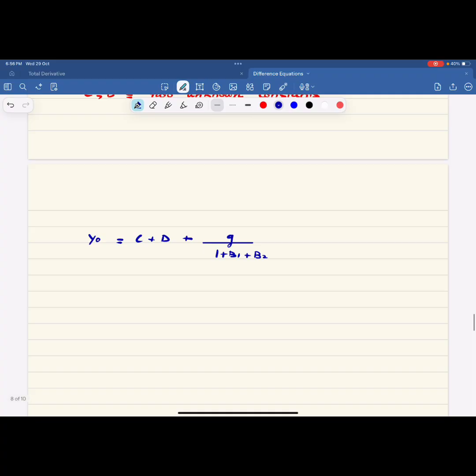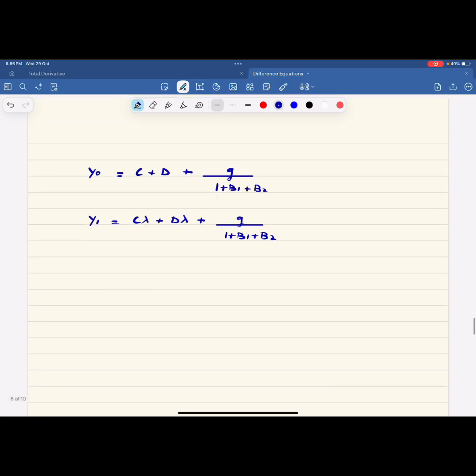And then at time 1 we have C lambda 1 plus D lambda 2 plus G over 1 plus beta 1 plus beta 2, and therefore we can solve this simultaneously to find the value of C and D. Another way of doing it is to convert it into matrix form. So in matrix form, this is going to be as follows.